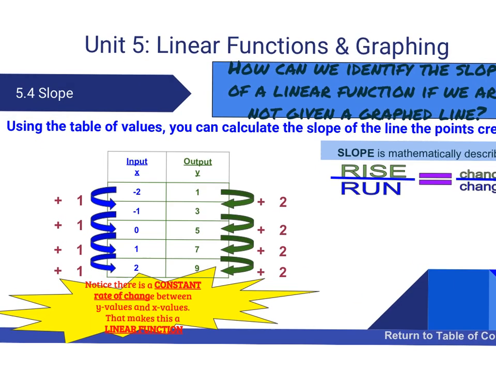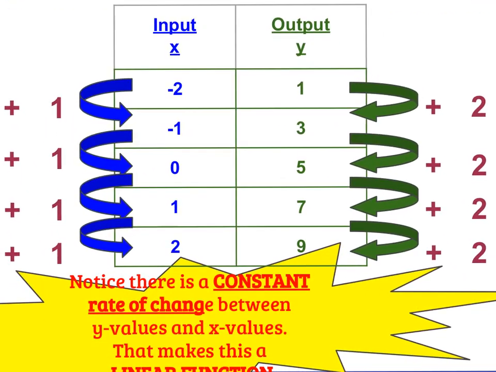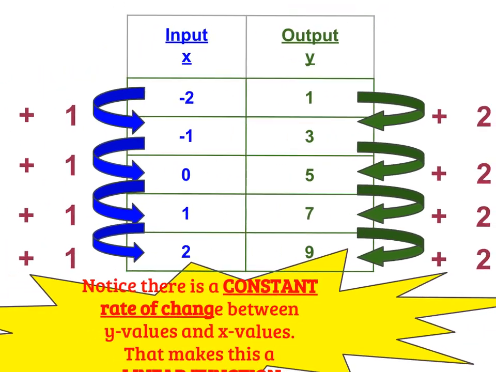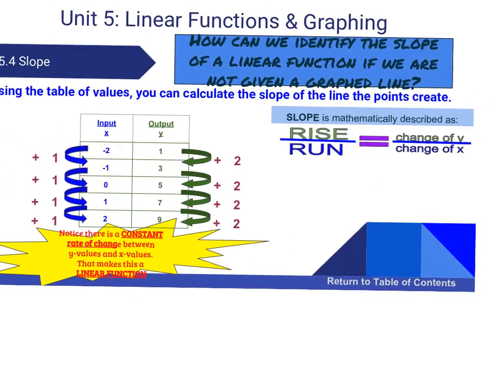So you could actually also get slope if you do not have the line drawn out for you. To get the slope, it's change of y over change of x. Look at this guy. The change of y, well, from 1 to 3, I went up 2. From -2 to -1, I went up 1. So the slope is 2 over 1. Change of y over change of x.